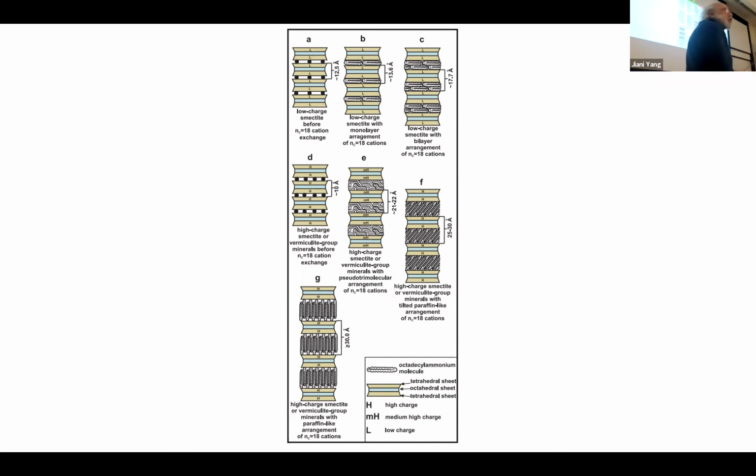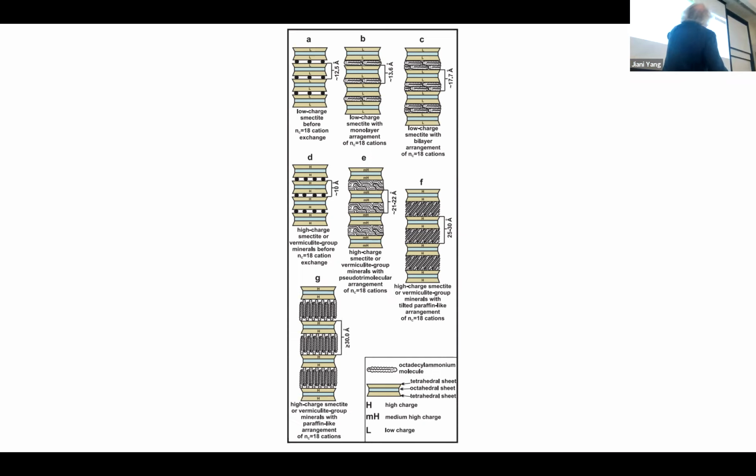The way you check this is you take an organic molecule, which has a positively charged side chain and 18 carbon atoms, and you adsorb it onto the clays.